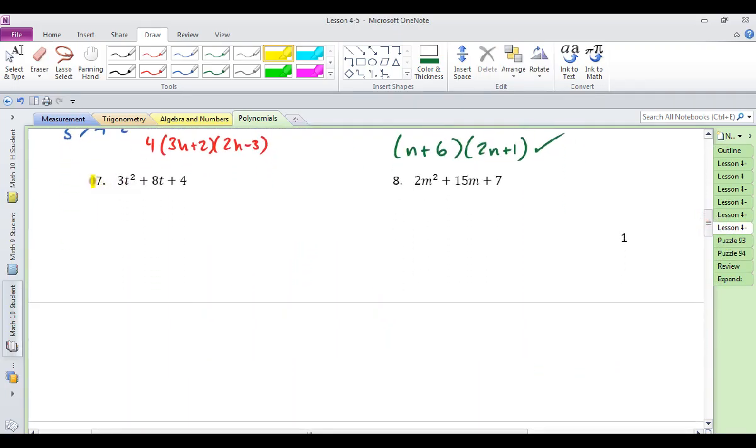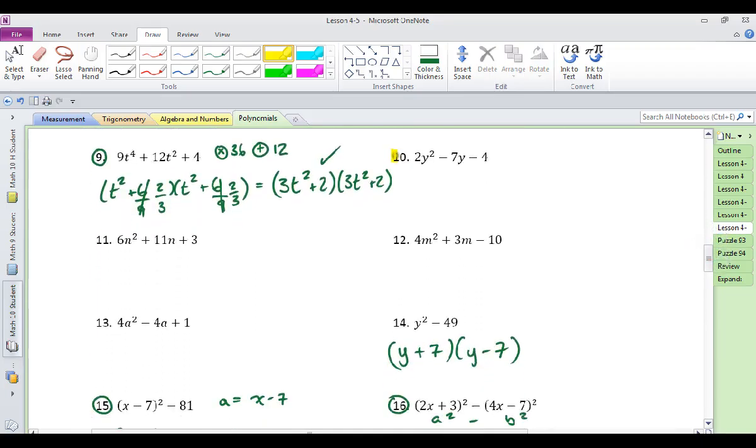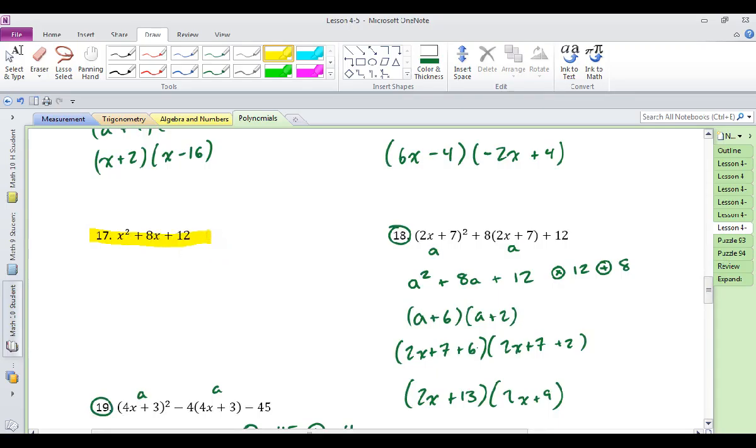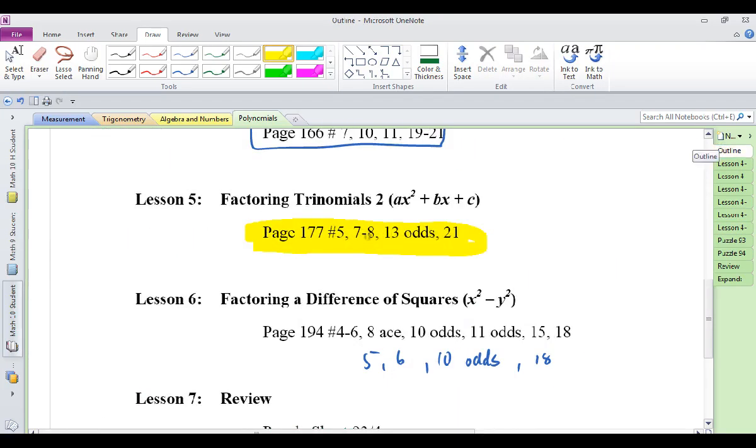We didn't do 7, 8, 10, 11, 12, 13. Oh, and 17. That's your job. It's not a lot, right? And the textbook page is pretty short.